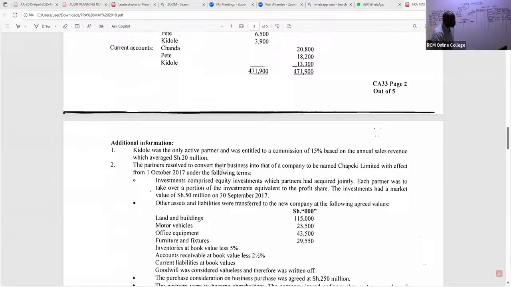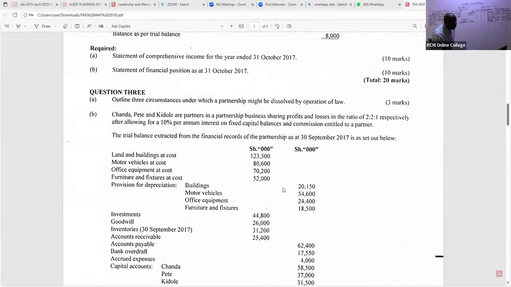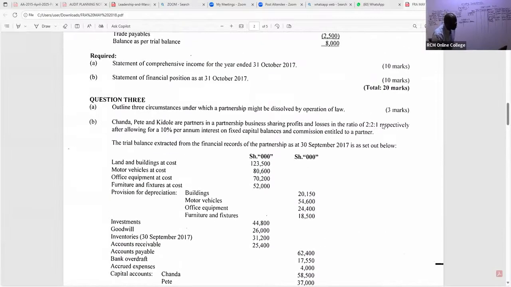Each partner was to take over a portion of the investments equivalent to the profit share. The investments had a value of 50 million. Most importantly, they were to take over a portion equivalent to the profit share, and their profit share is given here, 2:2:1.